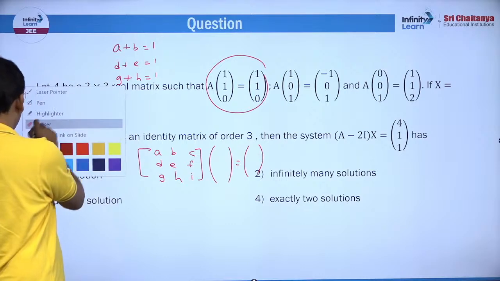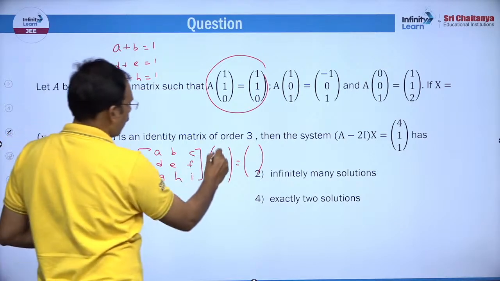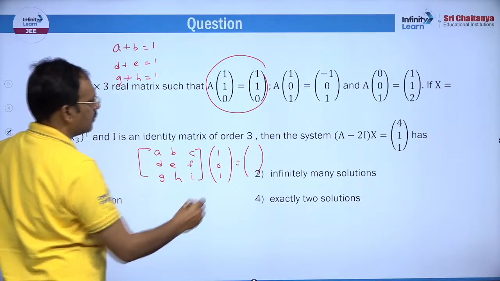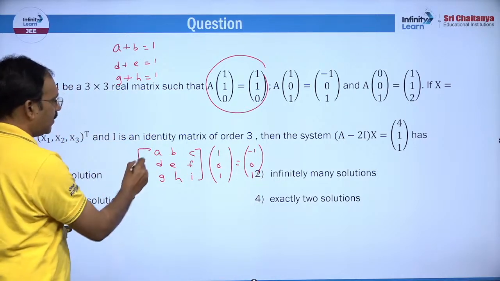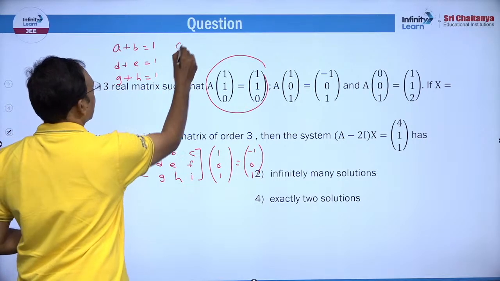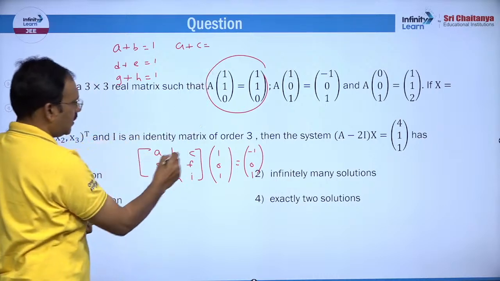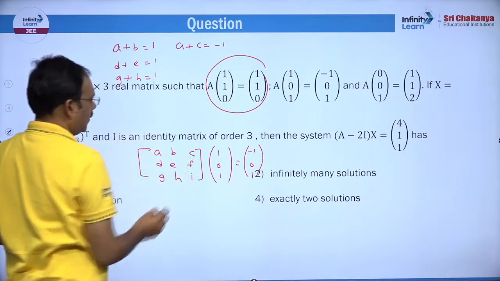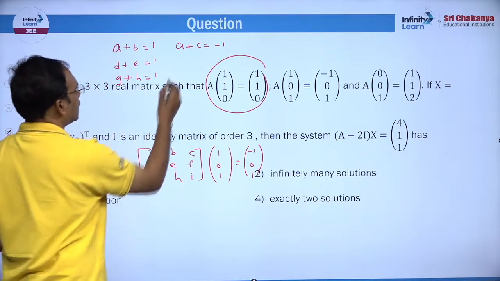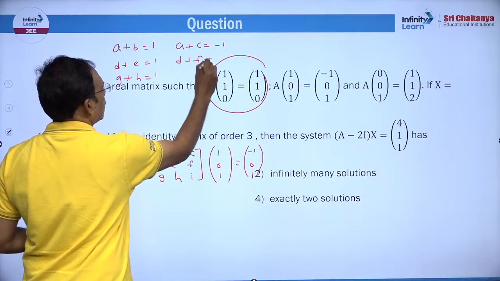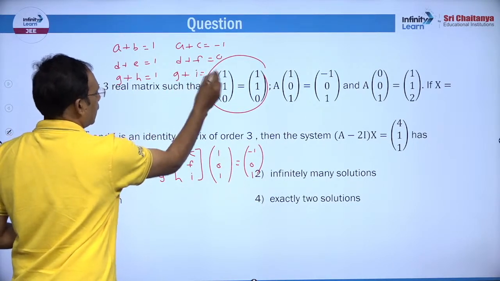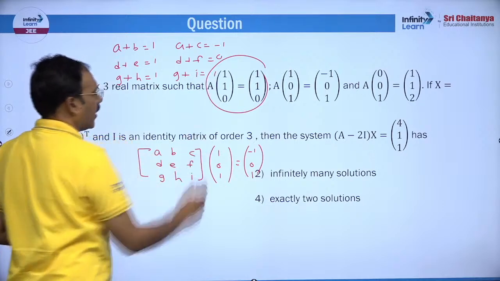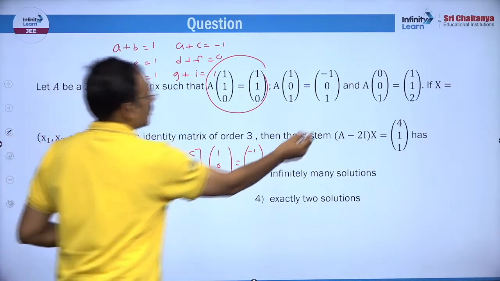This is 1 0 1 gives minus 1 0 1, which means, multiplying, A plus C is going to be minus 1, D plus F is going to be 0, and G plus I is going to be 1. So, the second data is also done.